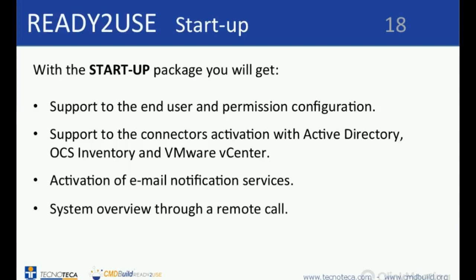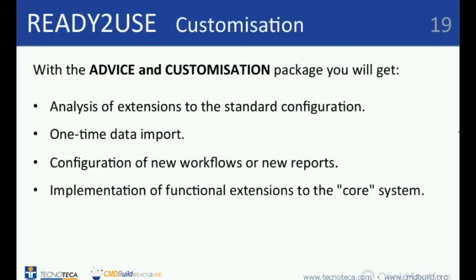We will support you to configure and activate that, and we also give you a system overview through a remote call. We can set up a call with our technician team, and they will be more than happy to provide you all the information that you need on the system configuration, and explain in greater technical detail how the whole system works.